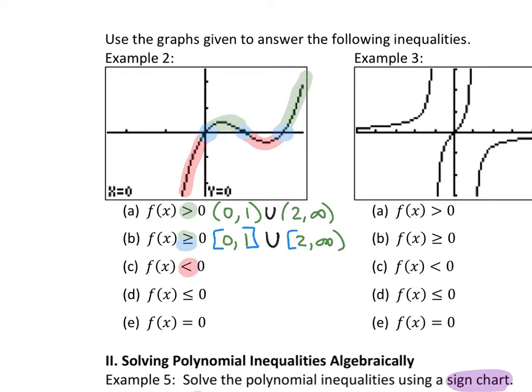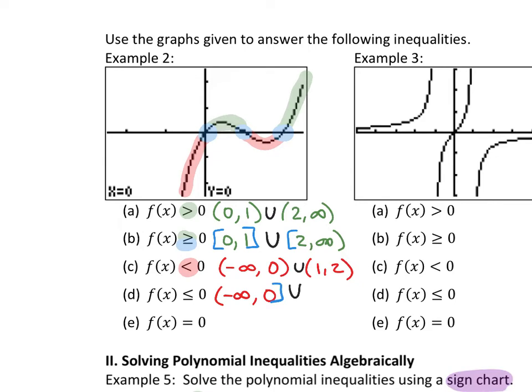For less than 0, we just want the spots where it's less than, so that's from -infinity to 0, and then from 1 to 2. All parentheses, because none of them are exactly equal to it, because we just want when it's less. But when we can go equal to, we should have from -infinity to, what was that number, 0 with a bracket.